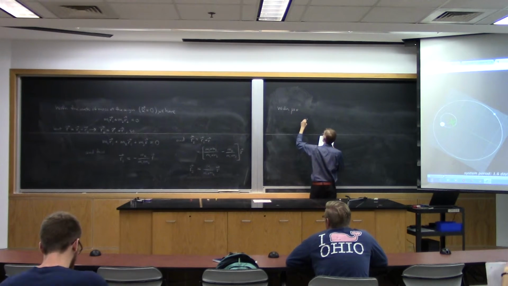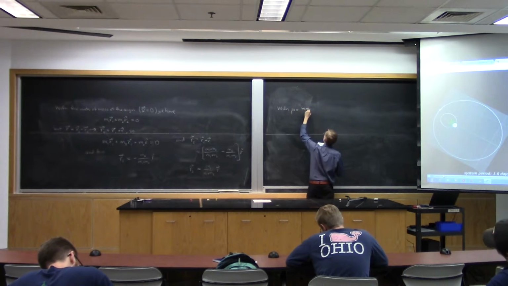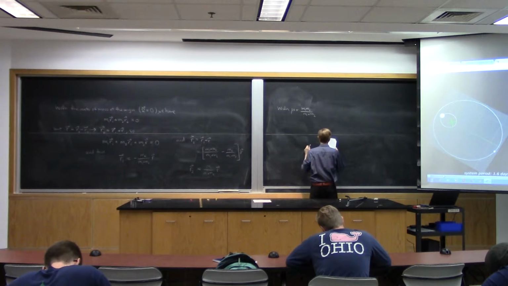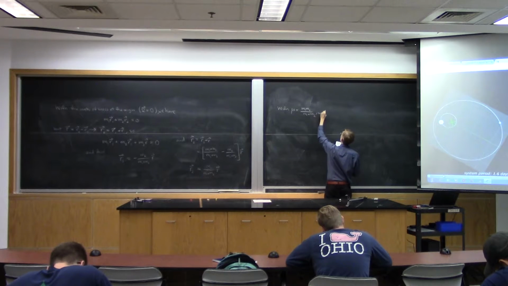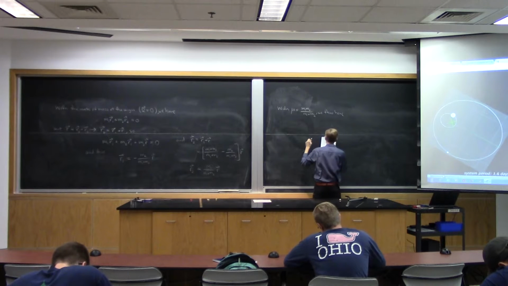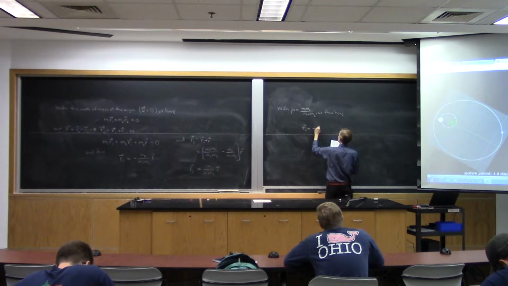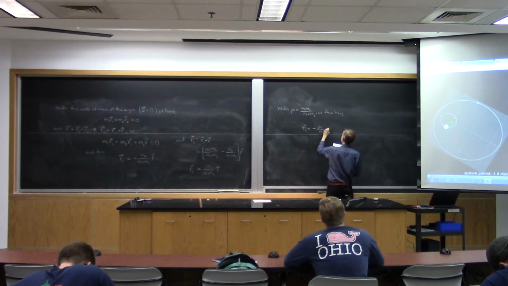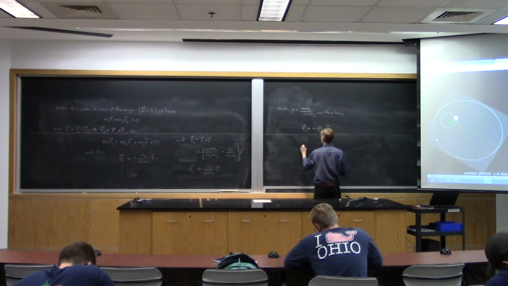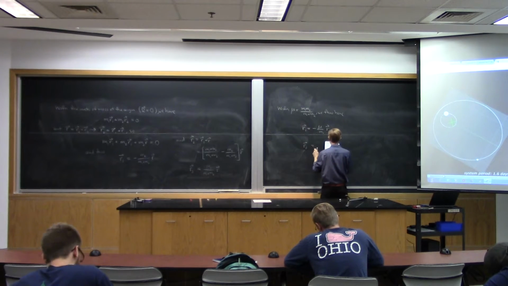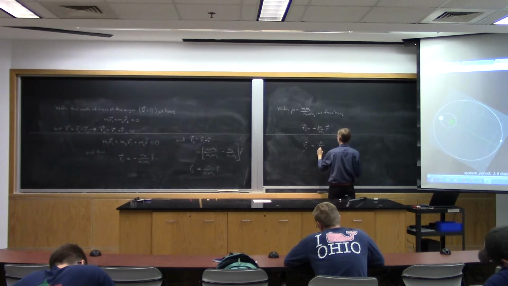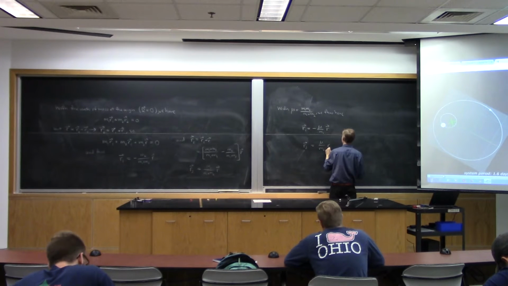With mu being m1 m2 over m1 plus m2, that was our definition of mu, we thus have that we can write r1 is equal to minus mu over m1 times r, and r2 is equal to mu over m2 times r.